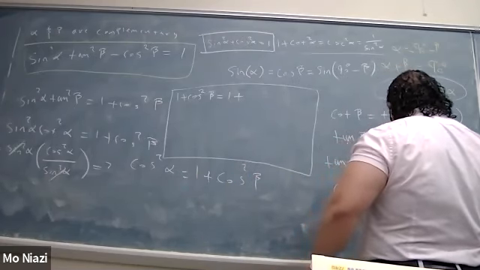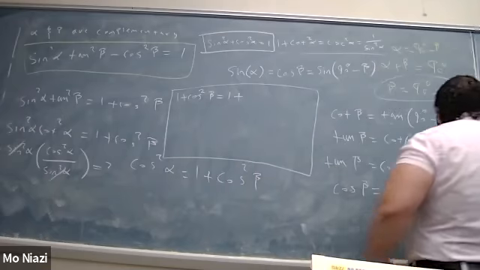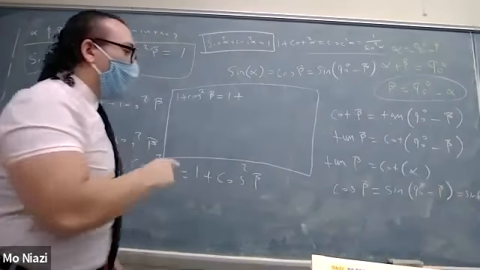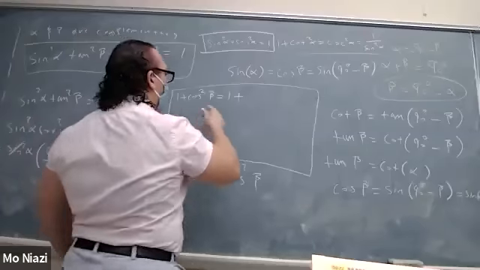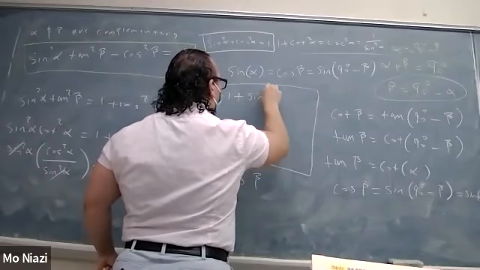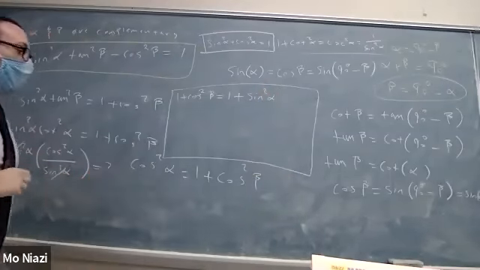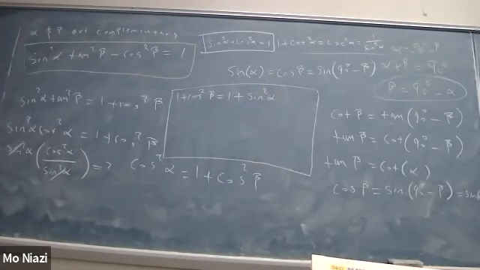But that's the same thing as sine alpha, right? Is this what you're saying? Yes. So that means cosine of beta is the same thing as sine of alpha. So this is the same thing as 1 plus sine squared alpha. Is that what you were saying? Okay. So if we could show cosine of alpha is equal to 1 plus sine squared alpha.